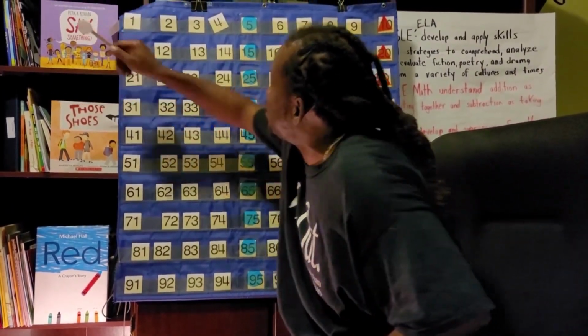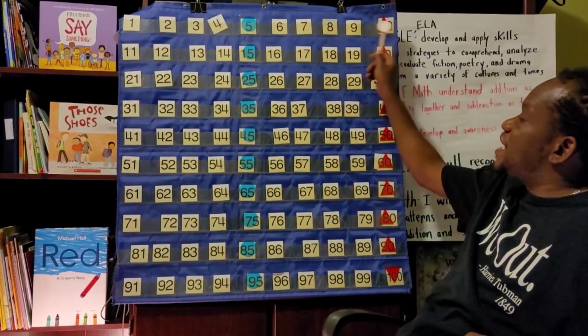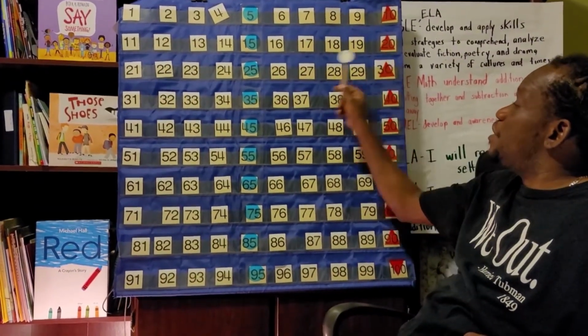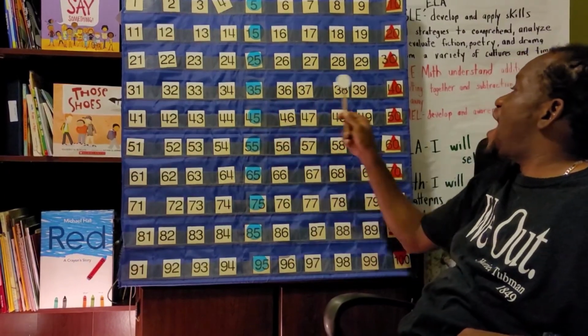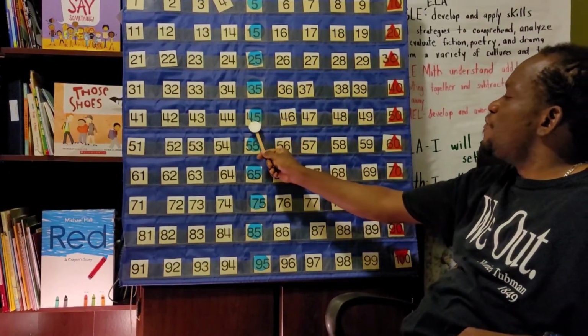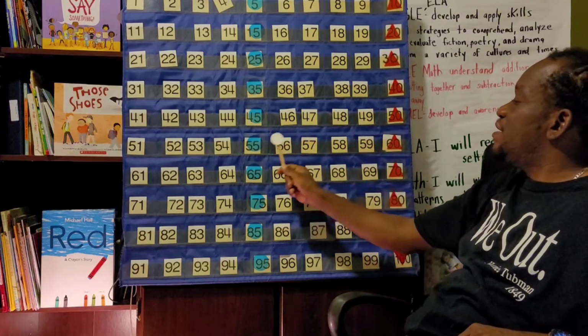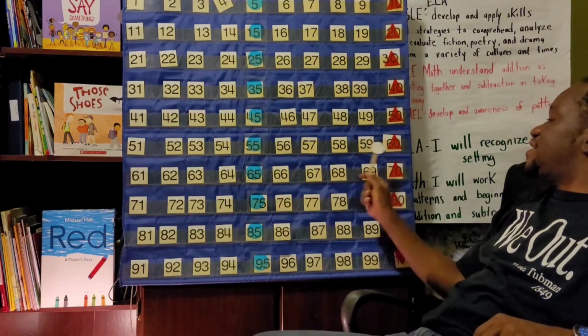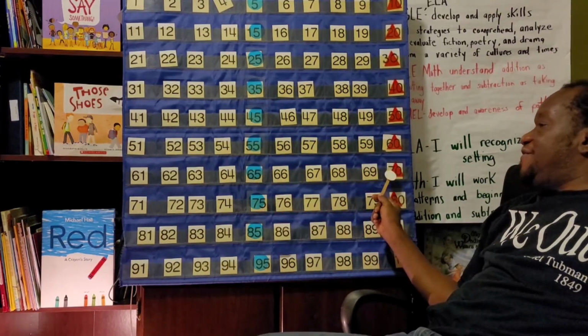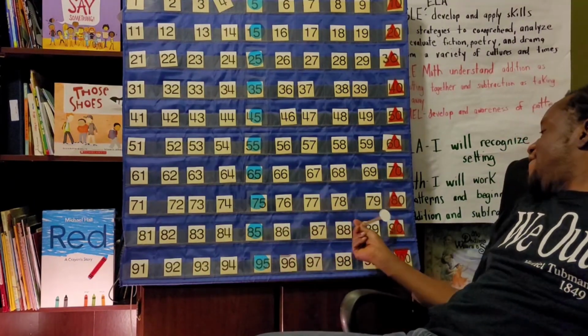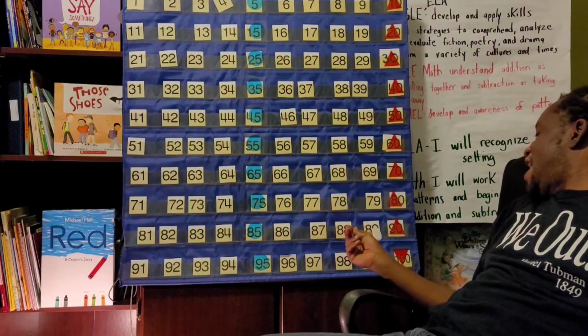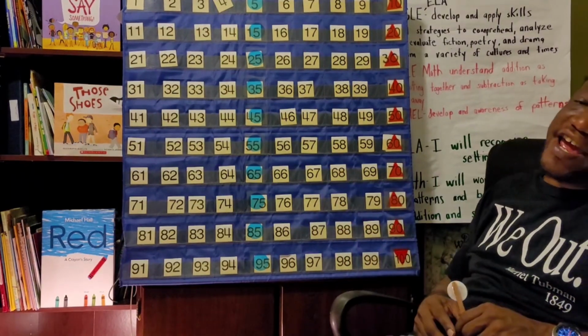Don't hide 0. 0, 5, 10, 15, 20, 25, 30, 35, 40, 45, 50, 55, 60, 65, 70, 75, 80, 85, 90, 95, 100. Wow, you counted by 5. You're getting better at that.